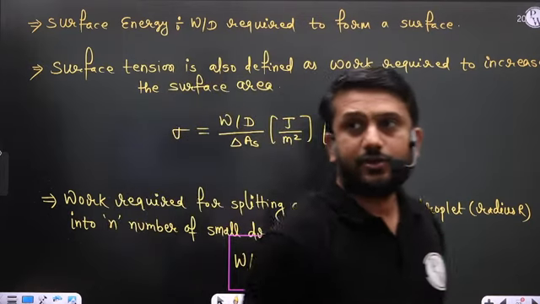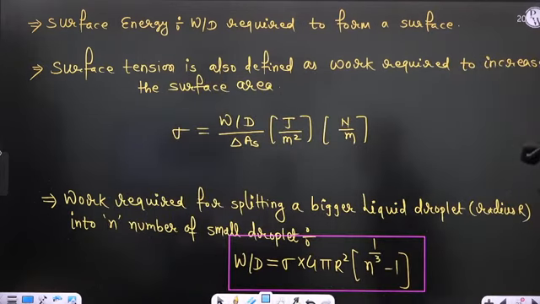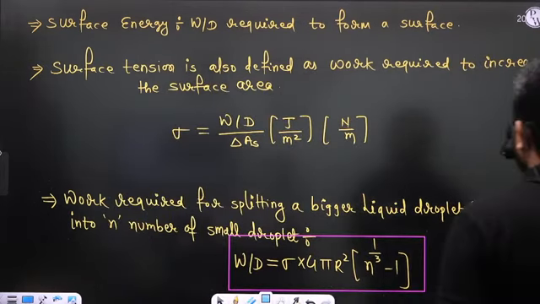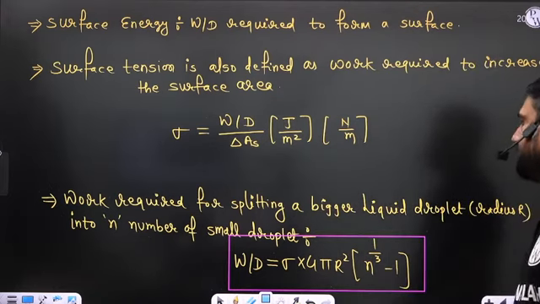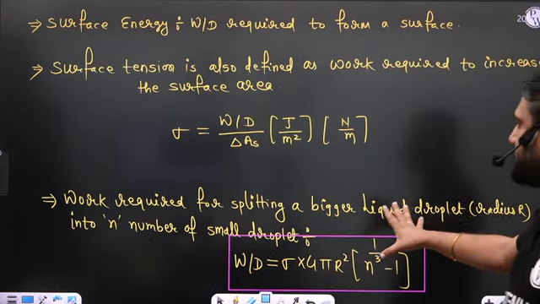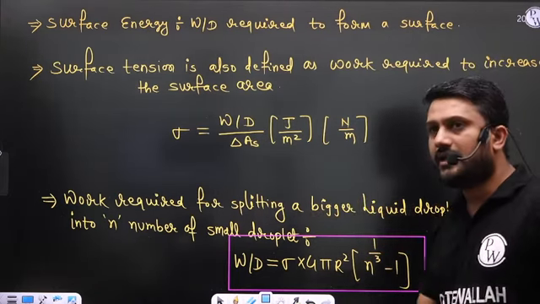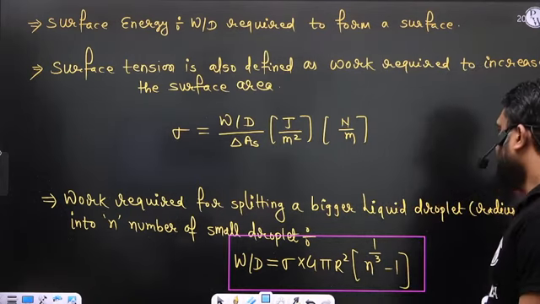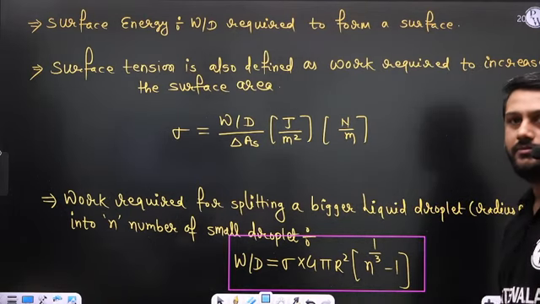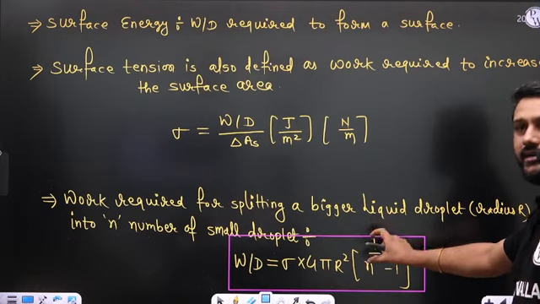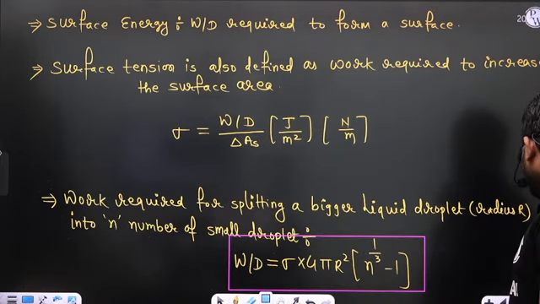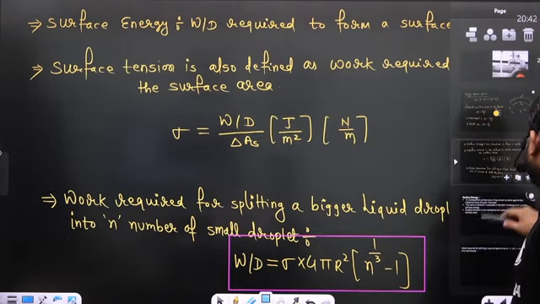Work done is equal to sigma multiplied by 4 pi r square into n to the power 1 by 3 minus 1. So this is the expression of the work required for splitting a bigger droplet into n number of small droplets. Please check now. I already discussed in the previous class.